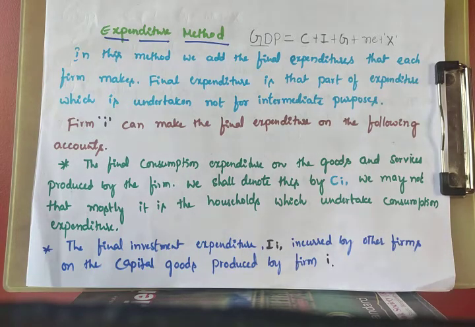All the people in the country doing this is called consumption expenditure. Who does the consumption? Households. We all do the consumption. What we spend on goods and services for the sake of consumption is called consumption expenditure.